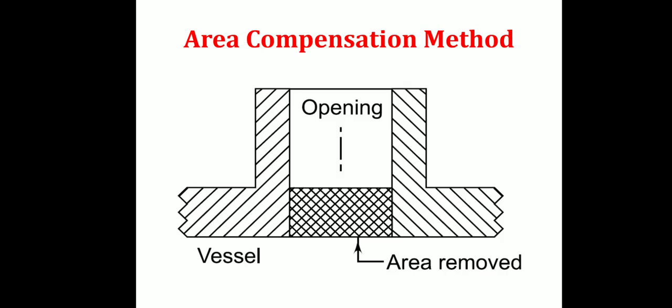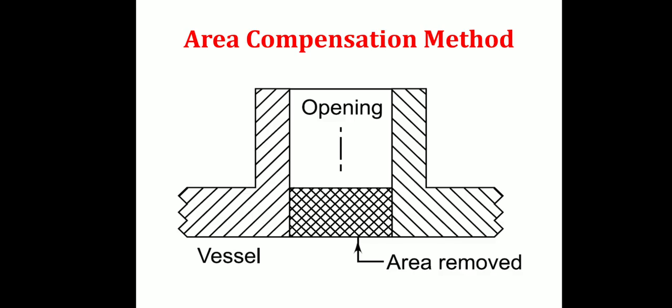A cross-hatched rectangular area in the opening is shown. This area is called the area removed. Remember that the opening is circular when viewed from the top, but the area removed is rectangular as shown in the figure. The area removed is equal to diameter D times thickness T.